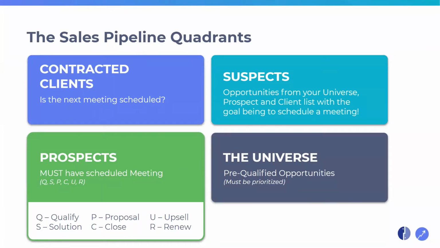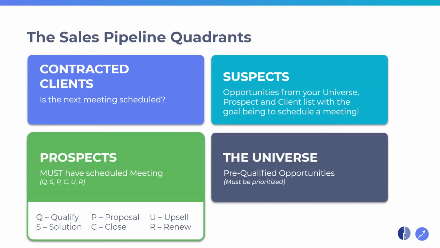And so the sales pipeline quadrants were designed specifically, first and foremost, to help salespeople manage their territory, manage their business. And obviously there's elements of time management, and there's an emphasis on meetings as a theme to the sales pipeline quadrants.